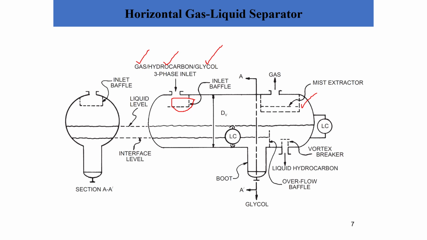So what will happen here is that the stream coming in, carrying gas, hydrocarbons and glycol, will strike the inlet baffle or the inlet diverter, and as a result the flow of the stream will be as follows. This is the flow of the liquid stream, and this is the flow of the gas stream.